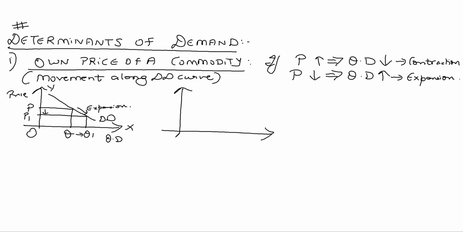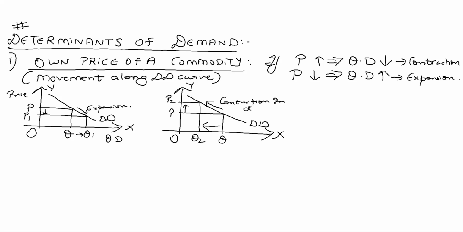Whereas if I take the opposite case, this is my linear demand curve, initial price, initial quantity, a rise in price from OP to OP2 causes the quantity demanded to fall from OQ to OQ2. The upward movement along the same demand curve is called contraction in demand. Expansion in demand and contraction in demand. All students should know that. You will find this in the lecture notes as well.